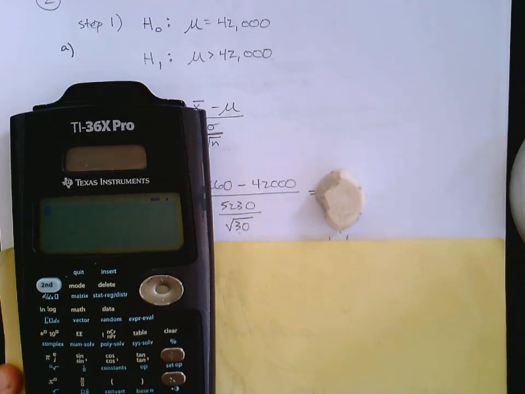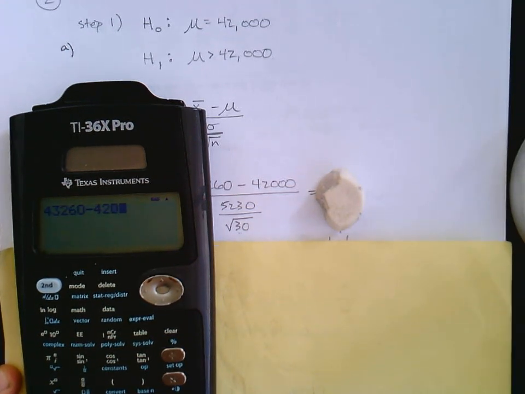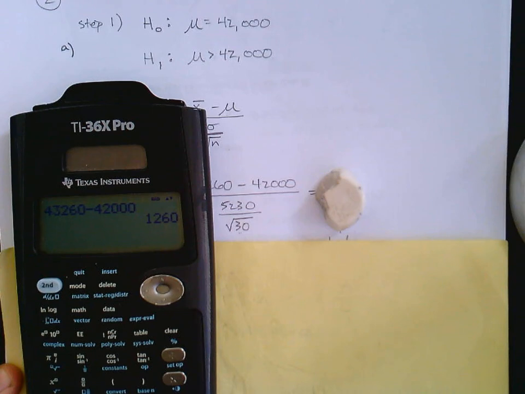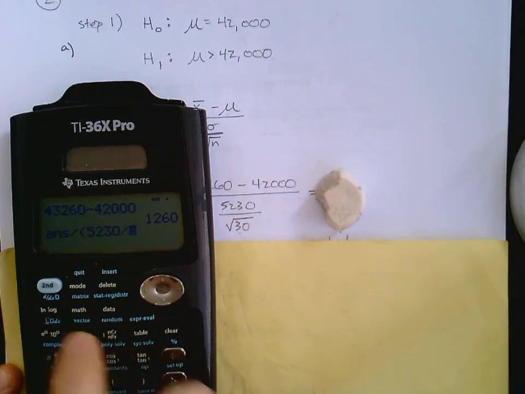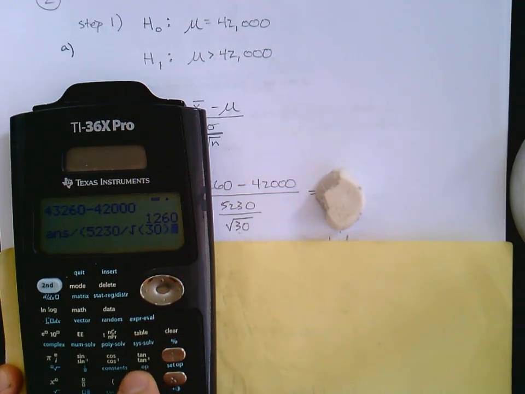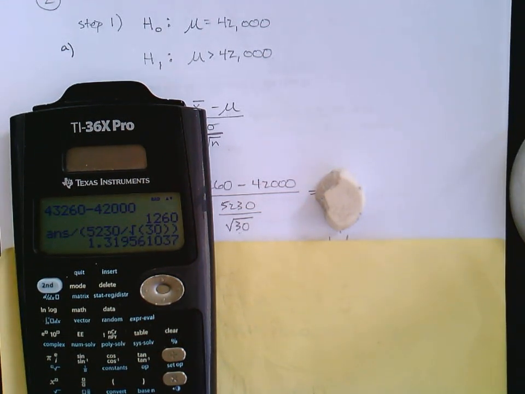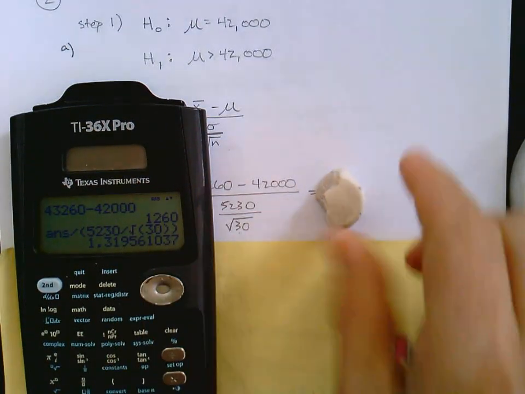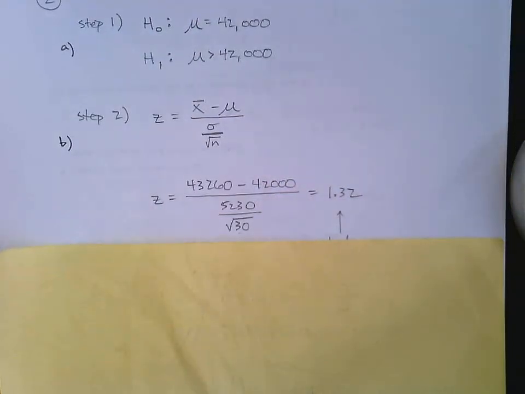And if I was to do it here in my calculator, right, 43,260 minus 42,000, I might even just do that first and then divide by parentheses 5,230 divided by the square root of 30. Close all my parentheses, hit enter, and I get 1.31956 and so on. It's a z-score. I'm going to go ahead and round it to 2 decimal places, 1.32.